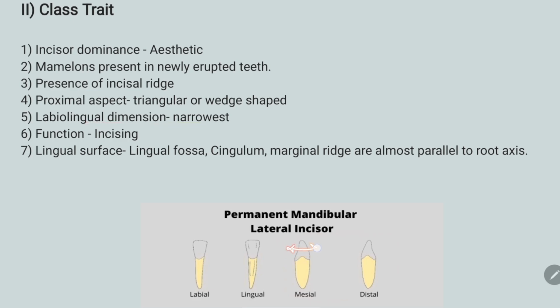Labiolingual dimension is narrowest among teeth. Their function is incisive and their lingual surface show V-shaped lingual fossa, cingulum, marginal ridges which are almost parallel to root axis.